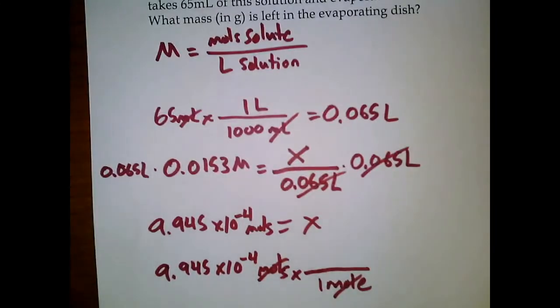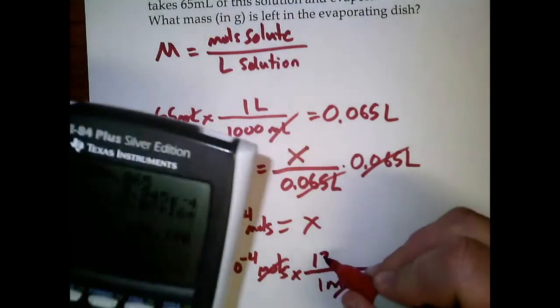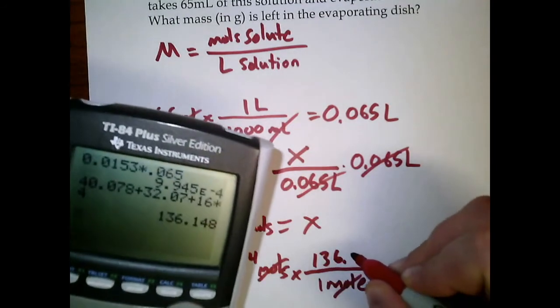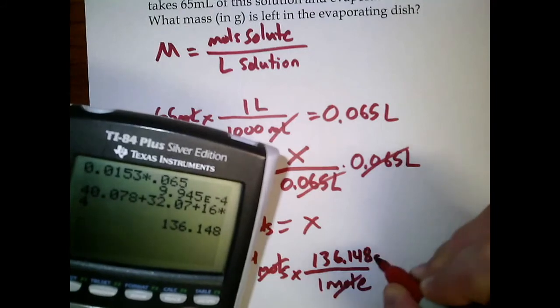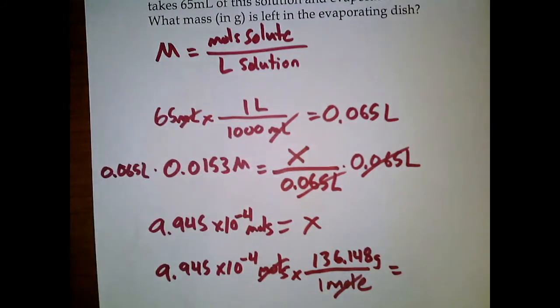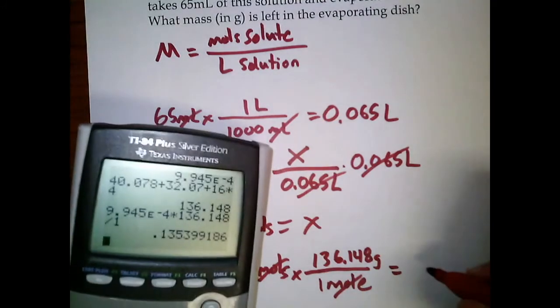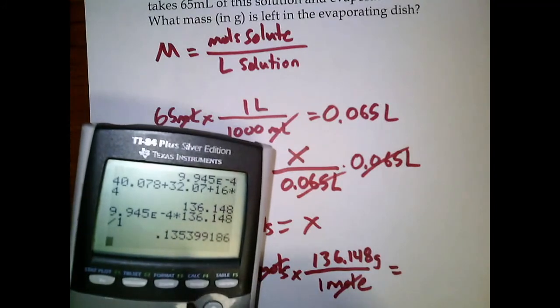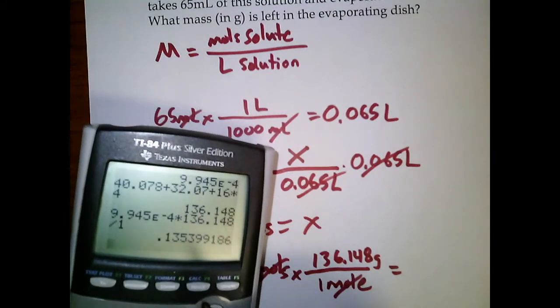So grab a periodic table, and the molar mass is 136.148 grams per mole. So I'm going to take the 9.945 times 10 to the power of negative 4 and times that by 136.148 over 1. And that gets me a mass of 0.135399186.